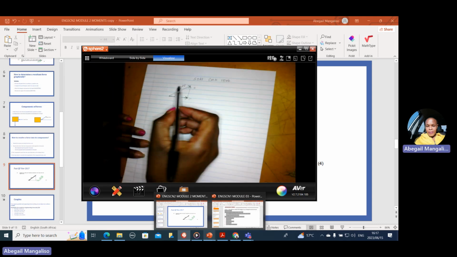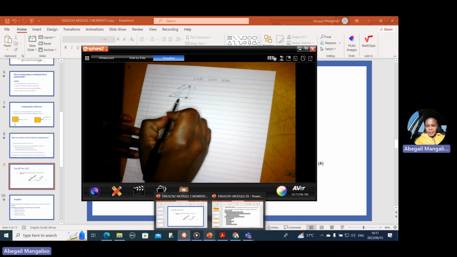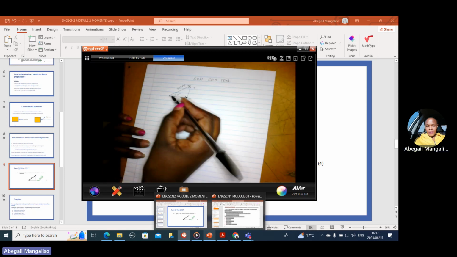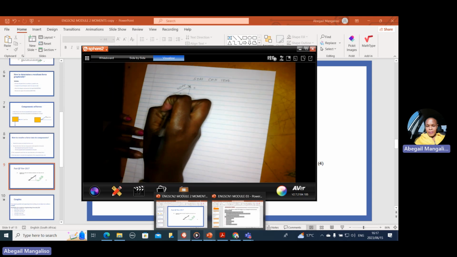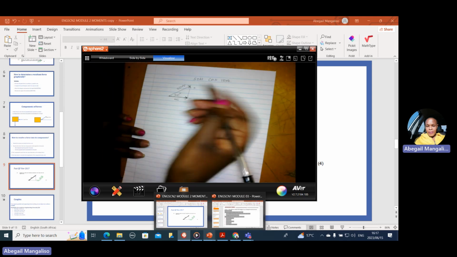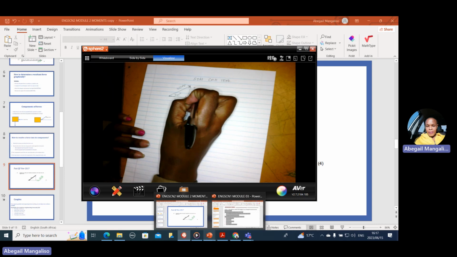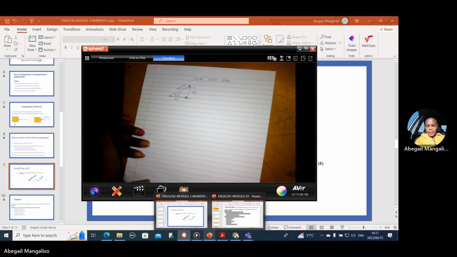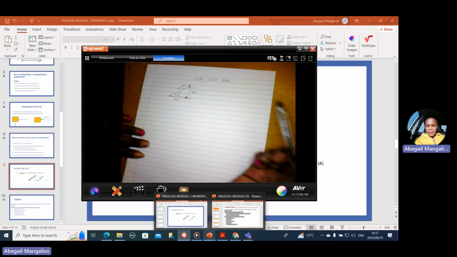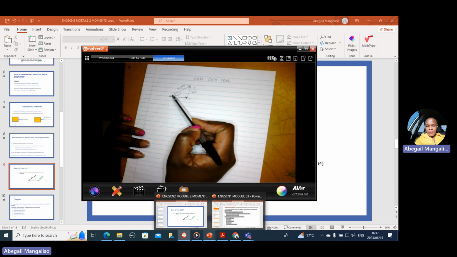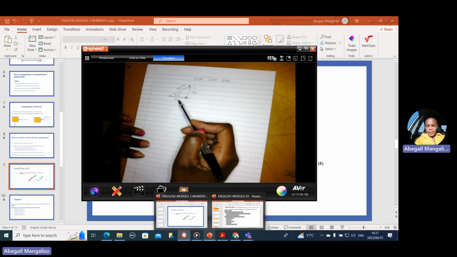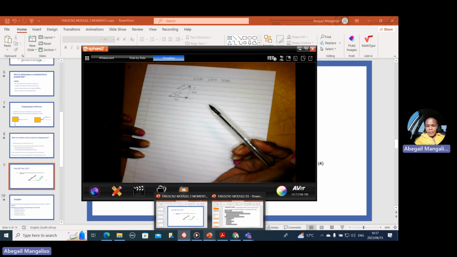This means these two components will both be positive. This one is the horizontal component, and this one is the vertical component. I'll use VC and HC. Now, when you use the trig ratio, you only have this force. This force now is the hypotenuse.